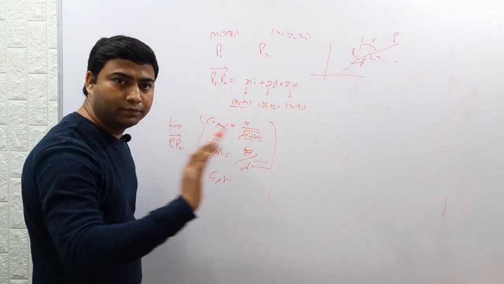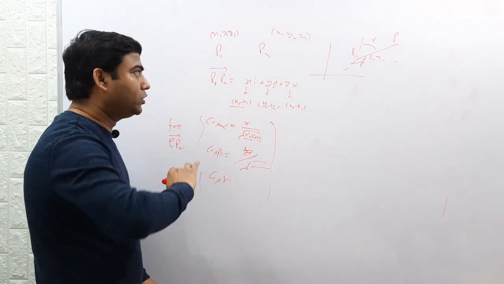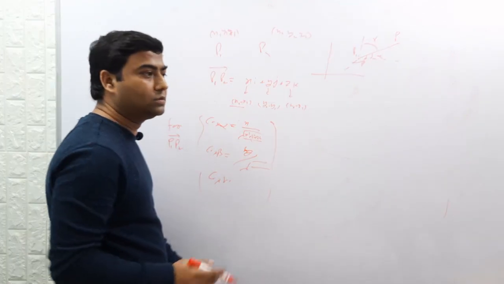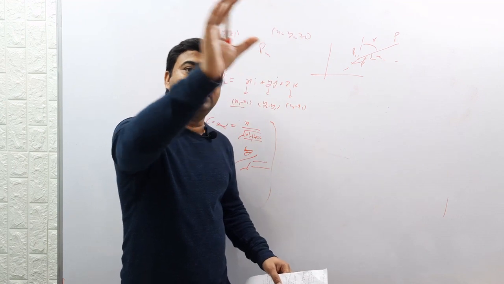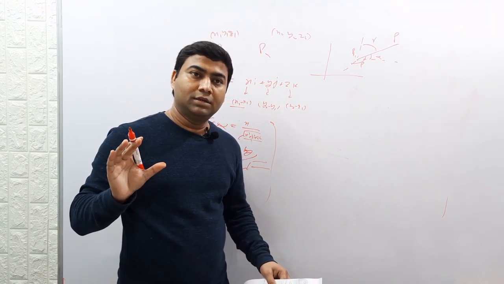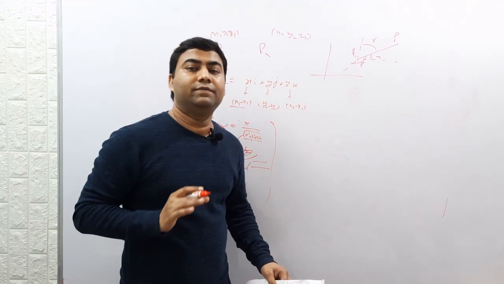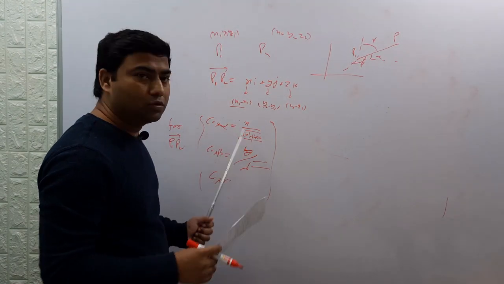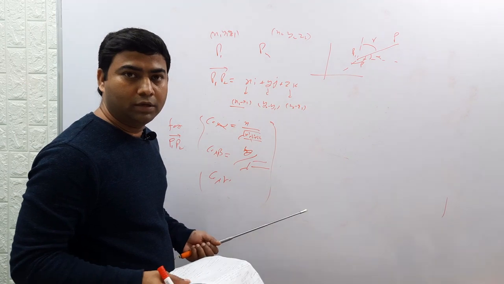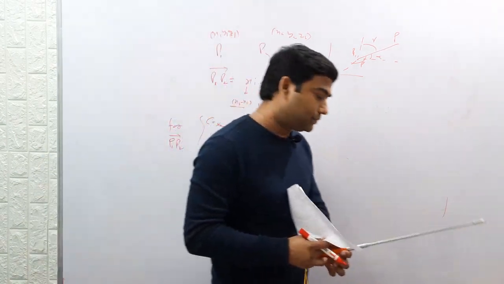It is not exclusively for a position vector. It is for any vector in space, because no vector is tied at a place. For a vector, you can find different pairs of points representing the same vector. So the formula of directional cosine is general.